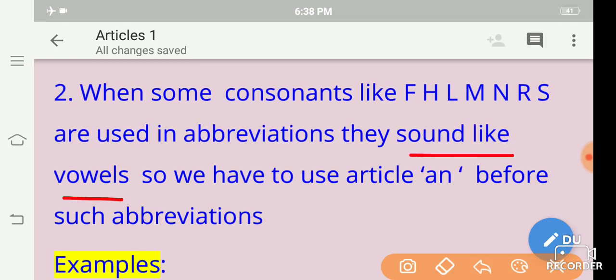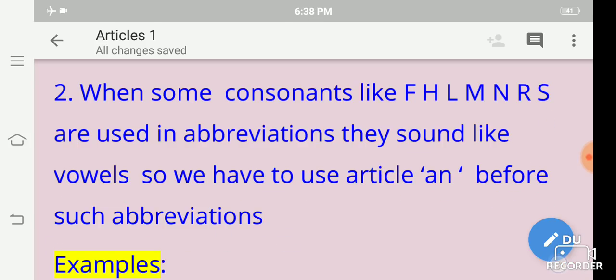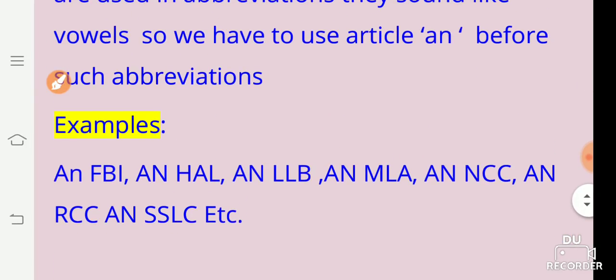So when they sound like vowels, without any confusion, we have to use article an before such abbreviations, friends. Let us see such abbreviations with some examples. See, F can be used in abbreviations like FBI: an FBI. It should be an FBI.